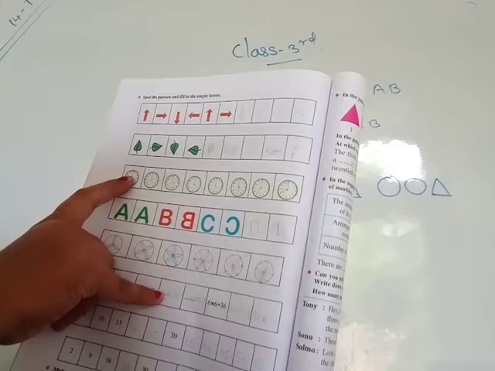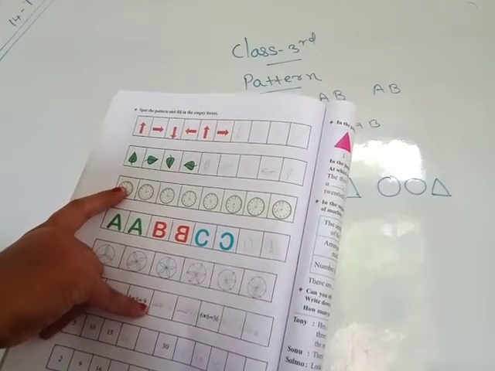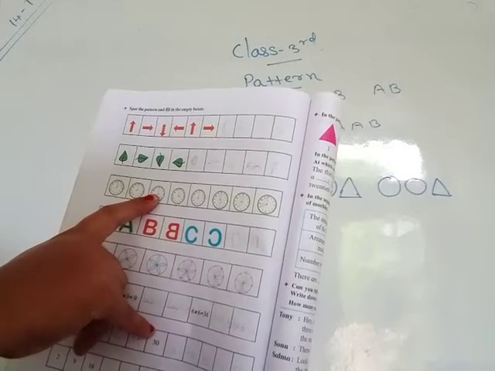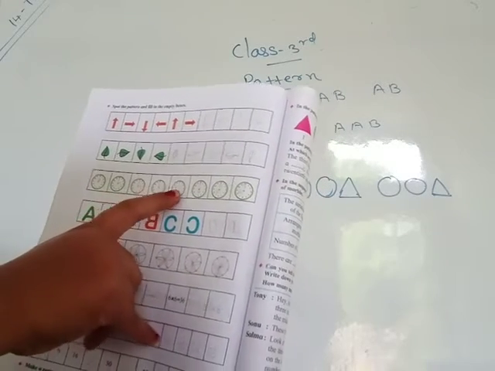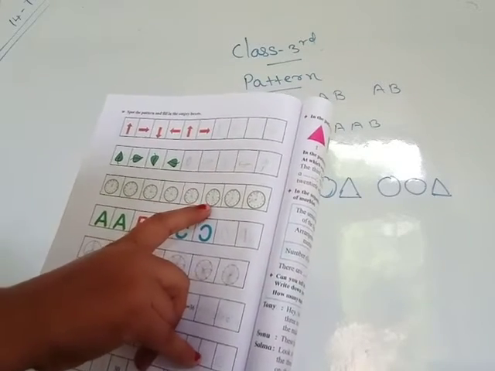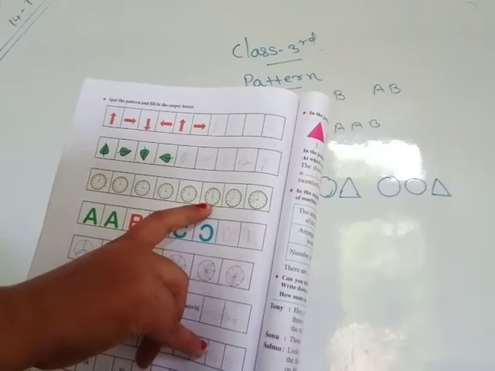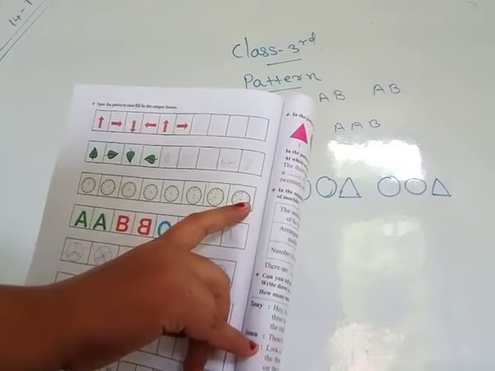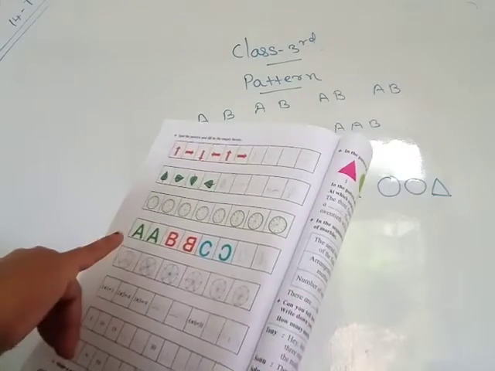Then next one, see this clock. In this first clock the time is 1 o'clock, second 2 o'clock, this third one you see time 3 o'clock, 4 o'clock, 5 o'clock. Then next one in clock you draw the time 6 o'clock, then 7 o'clock, and 8 o'clock.